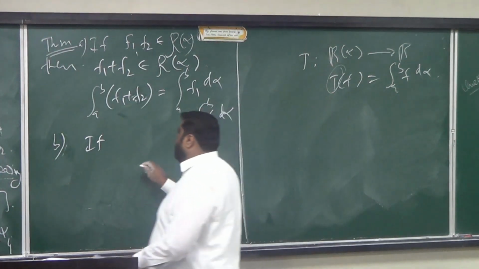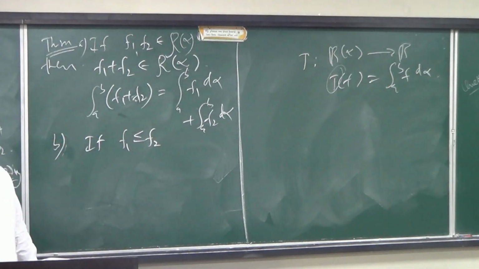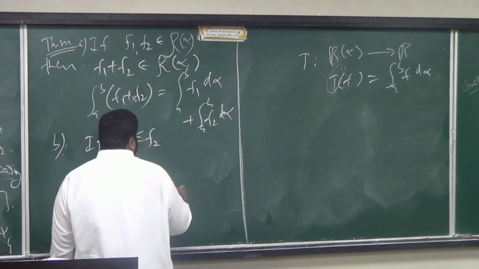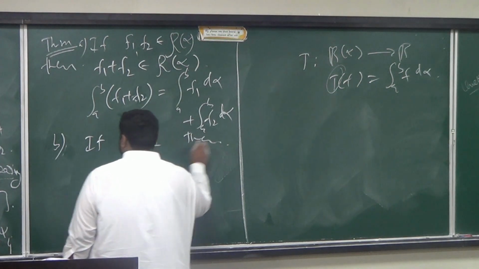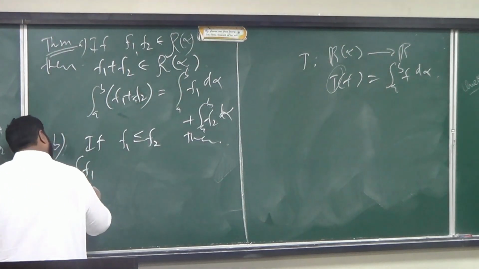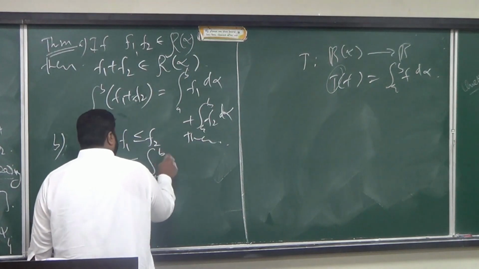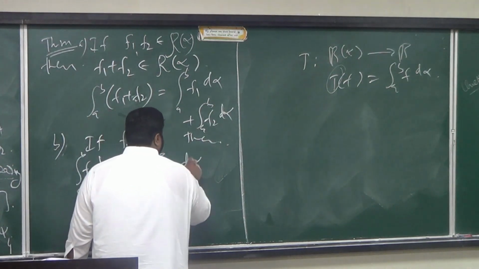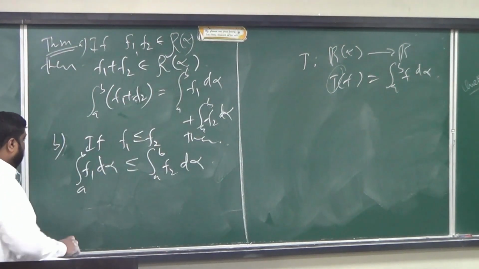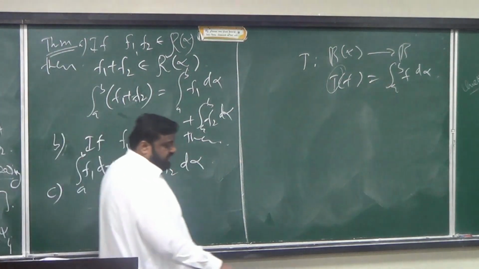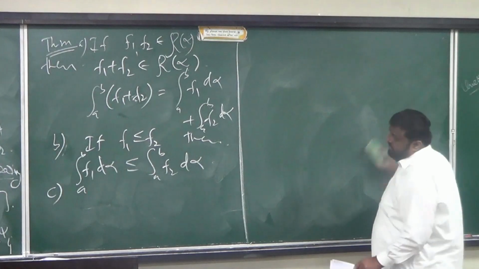What does it mean? It's the monotonicity of the Riemann-Stieltjes integral. If f1 is smaller than or equal to f2, and obviously they are in R of alpha, then the integral from a to b of f1 d alpha is less than or equal to the integral from a to b of f2 d alpha. So that's monotonicity.